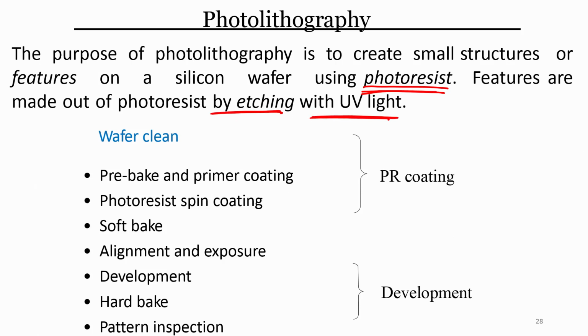So, what we understand is that we can create small features. We can use a silicon wafer, but it is not just limited to a silicon wafer. We can also use glass, as we have just seen. We can also use an insulator like alumina.